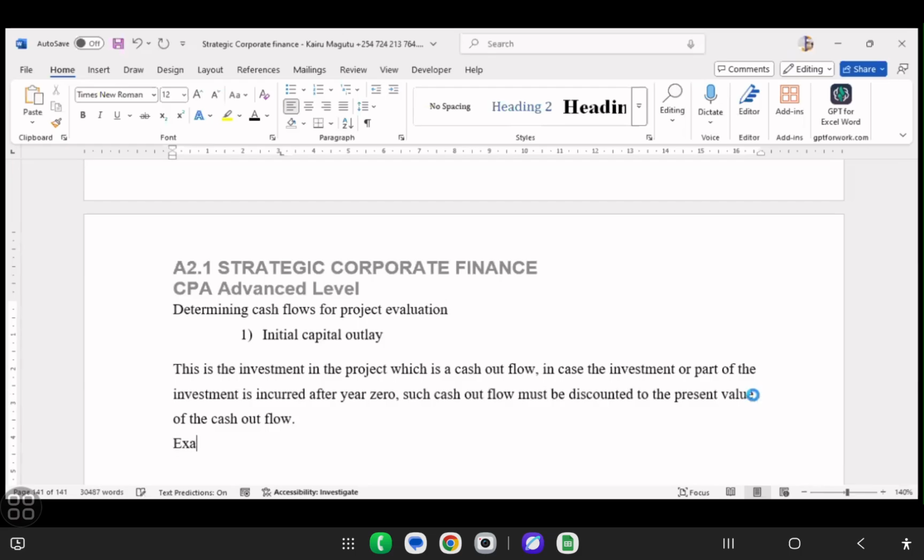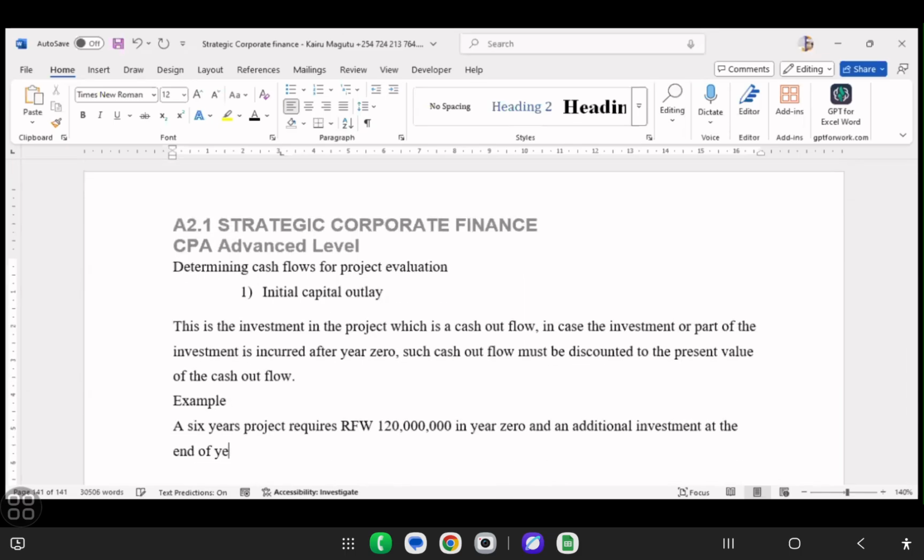Let me give an example. A six years project requires Rwandan francs 120 million in year zero, and an additional investment at the end of year 4 amounting to 45 million Rwandan francs.